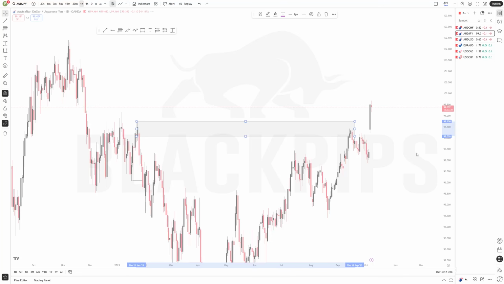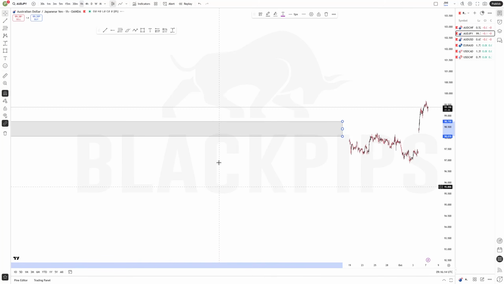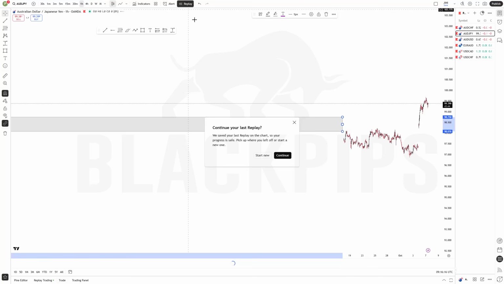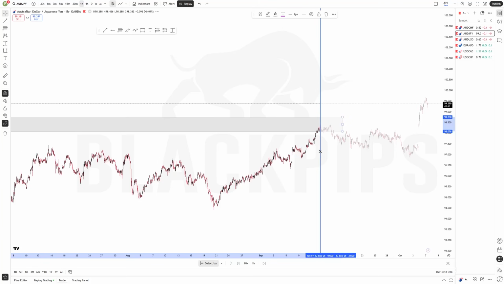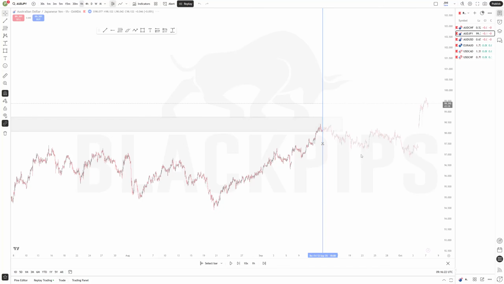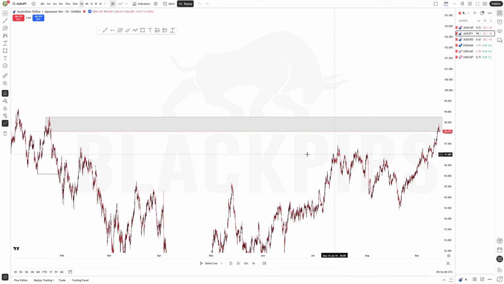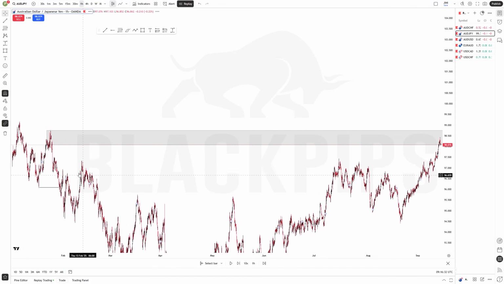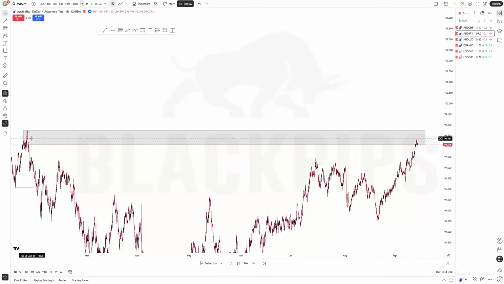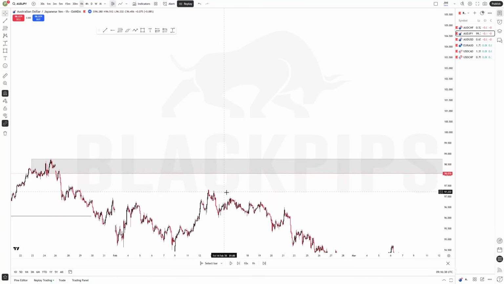If we go back to the 1 hour time frame, we just have to cut the chart from this point. You can see that the market came and reacted to some of the liquidities from some of the gaps, some of the liquidities that were found at this level here on the 1 hour time frame.